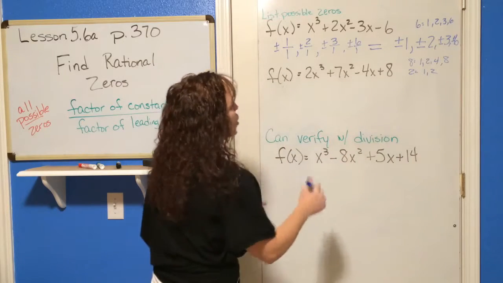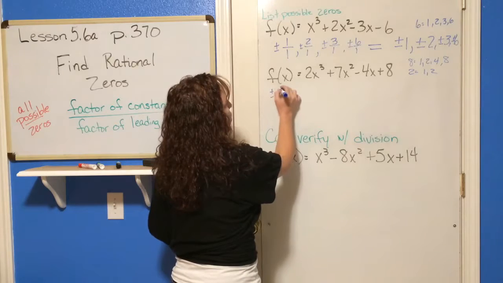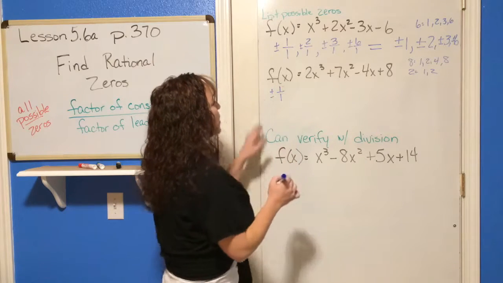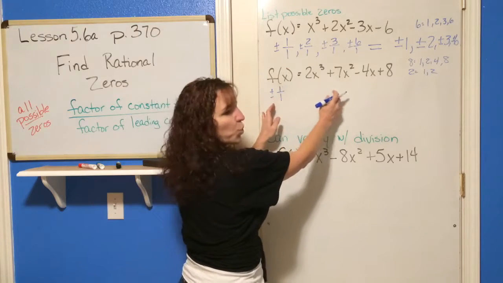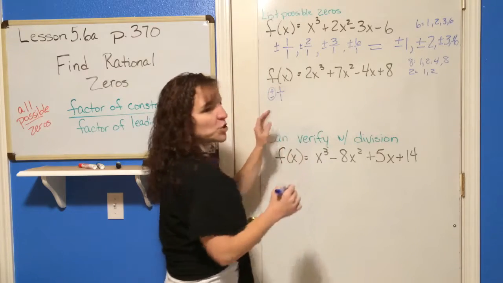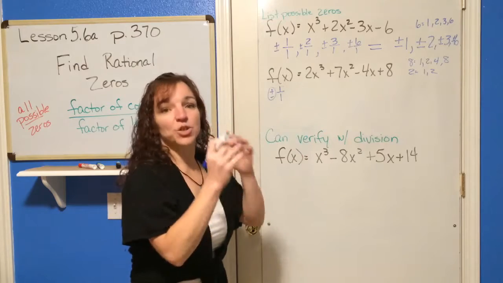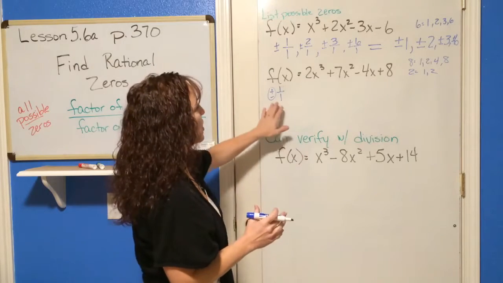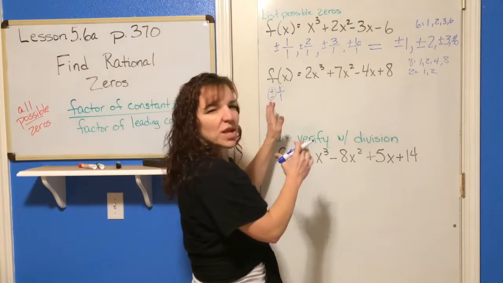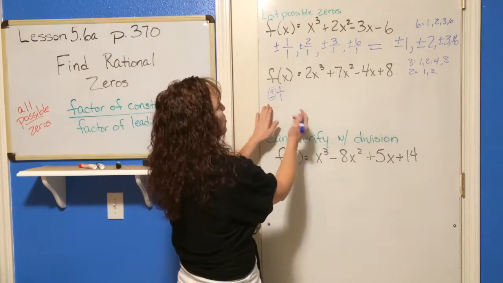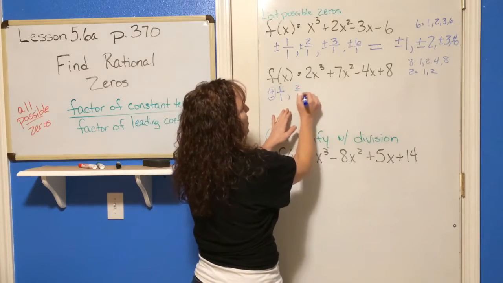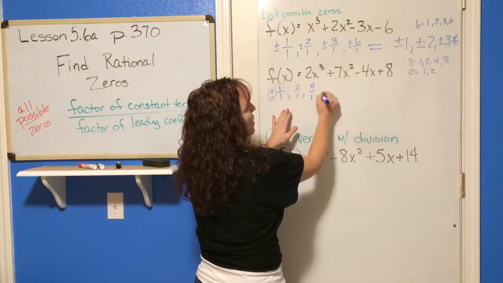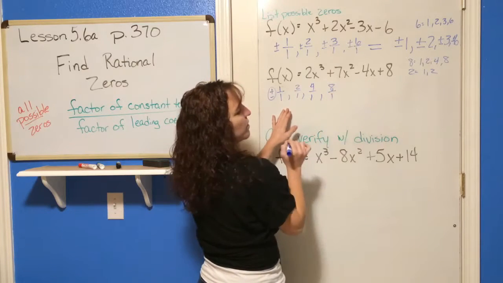All right, so we're going to have 1 over 1. And in the book, it puts this plus or minus in front of each one. What I would do while you're working, I would just put plus or minus once, and then remember, on your final answer, you're going to need to have that on every answer. But while you're working, it's just cumbersome to put it on every single one. So plus or minus, you've got 1 over 1, you've got 2 over 1, you've got 4 over 1, and you've got 8 over 1.